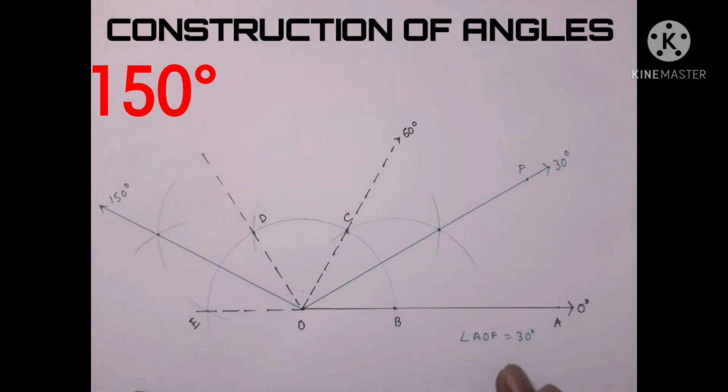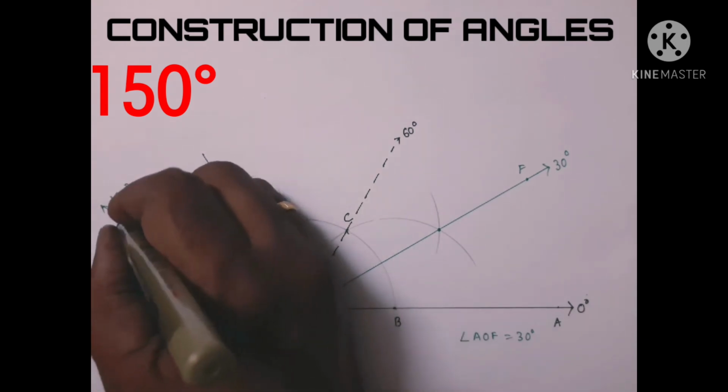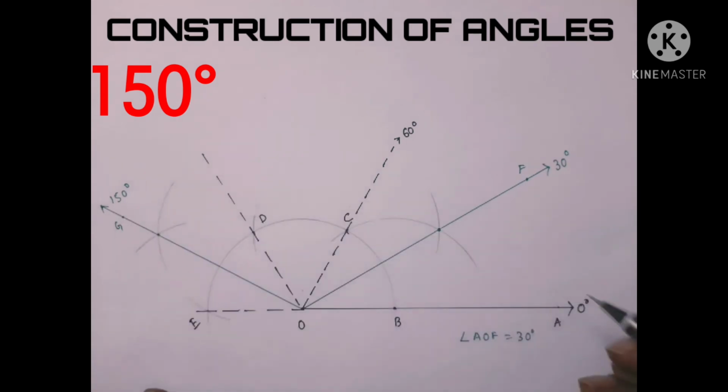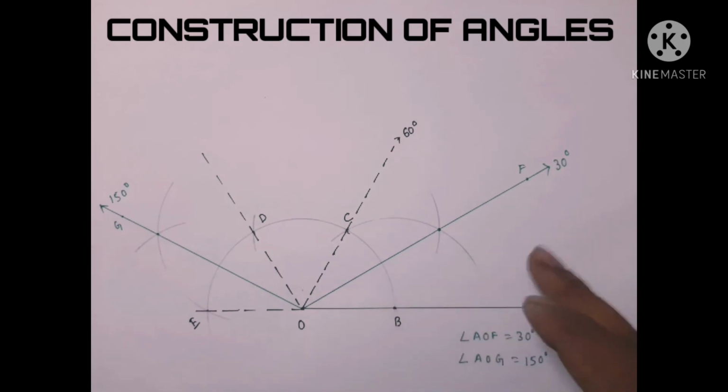So let us mark a point. So angle AOG will be 150 degree. So AOF is 30, AOG is 150.